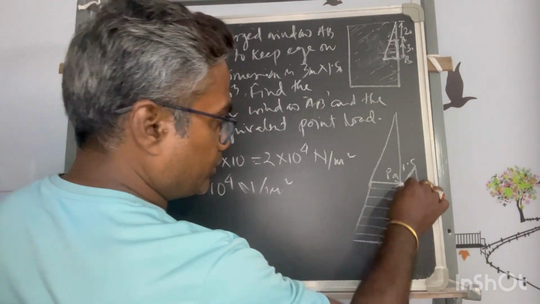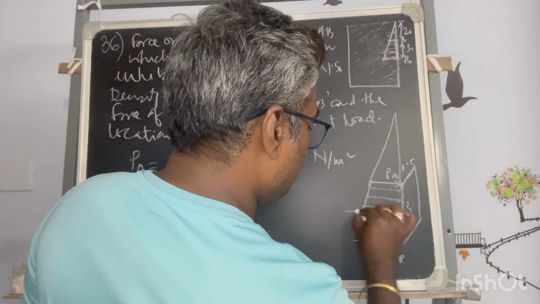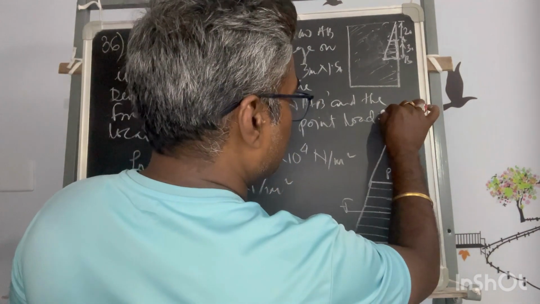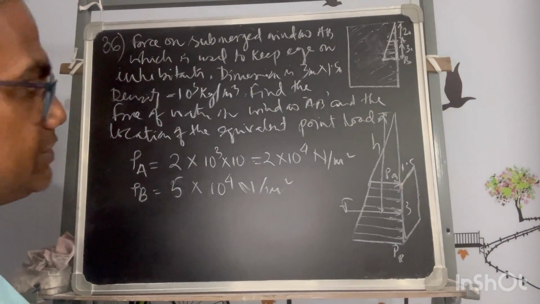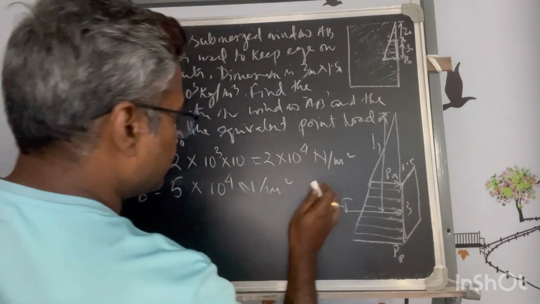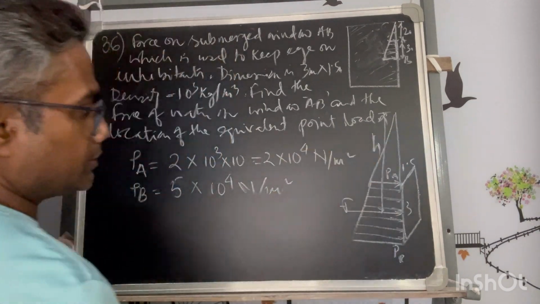It will act somewhere. So you can assume this is a point load F, acting, let's say, at height h. So how will we get this height h?